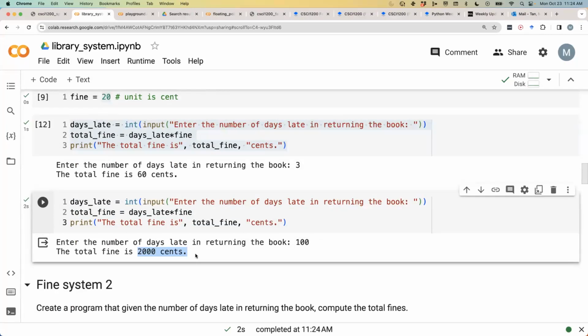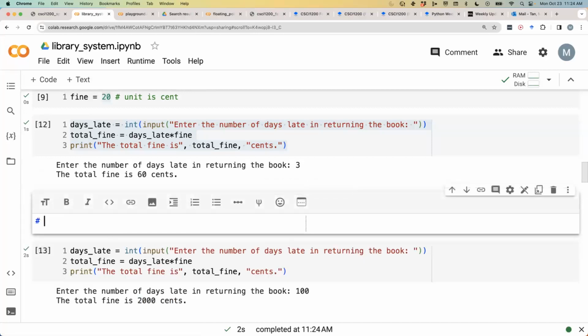What does he mean by 2,000 cents? You might want to convert it to its equivalent dollar unit before you display to the user, because with 2,000 cents, the user has to do a manual computation by themselves to convert into, say, $20.